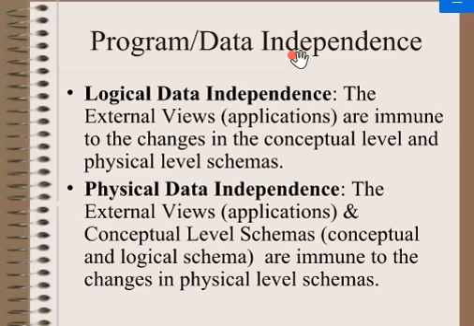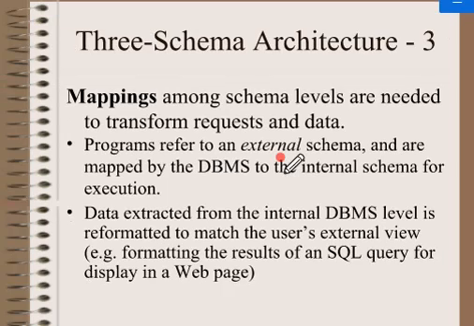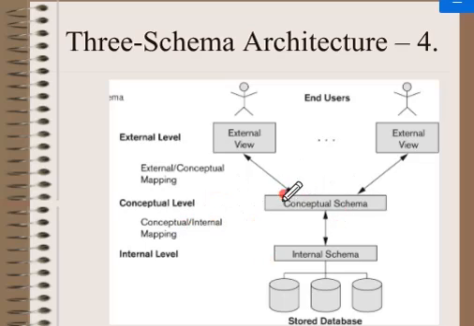I repeat once again the definition of data independence: the capacity to change the schema at one level of the database system without having to change the schema at the next higher level.